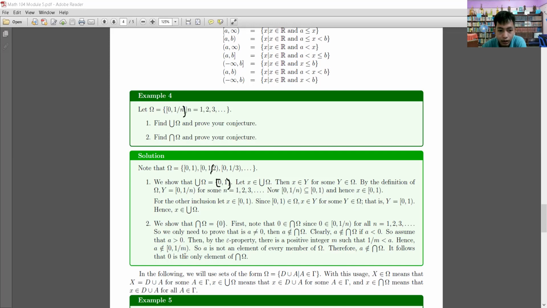Kasi nga, mas malaki siya doon. So, A is not an element of every member. So, not an element of every member, therefore, wala siya doon sa intersection. Therefore, it follows that 0 is the only element of the intersection. Okay?